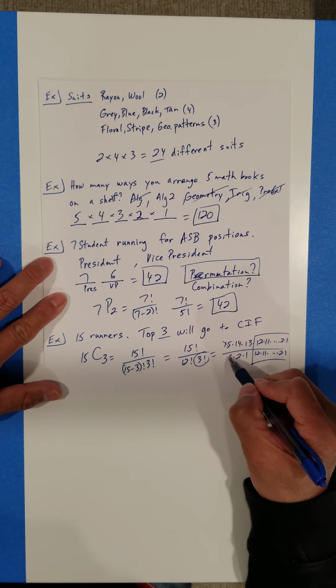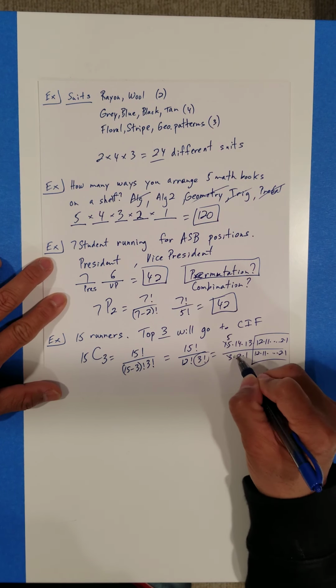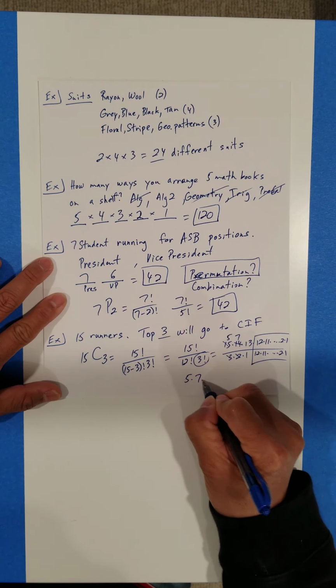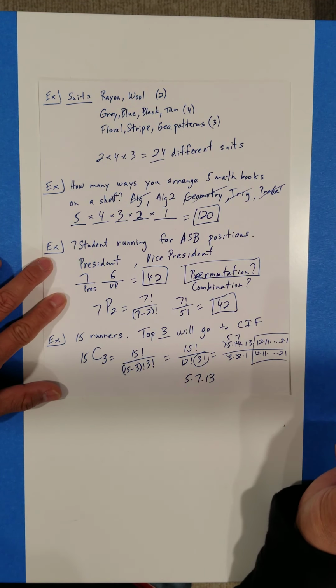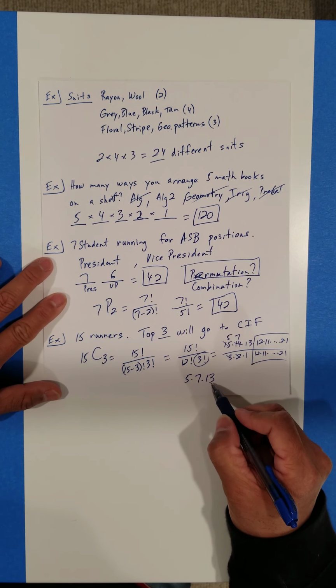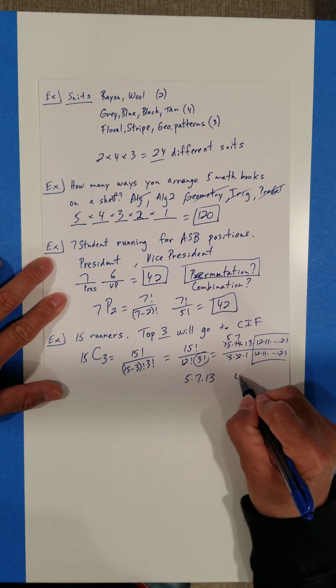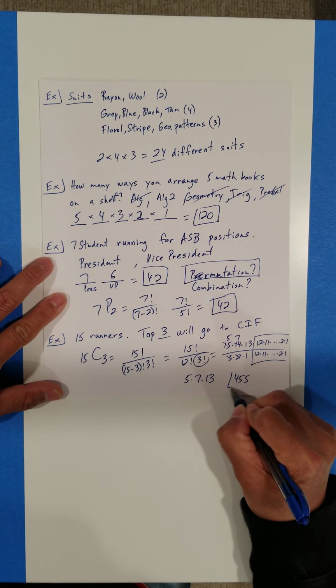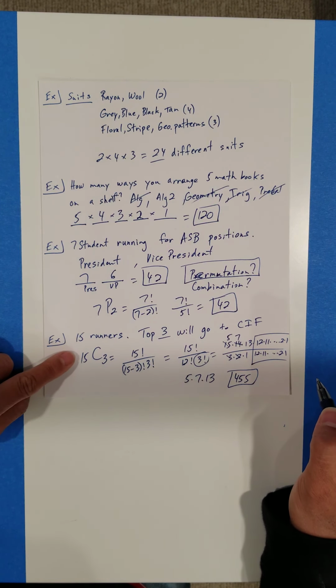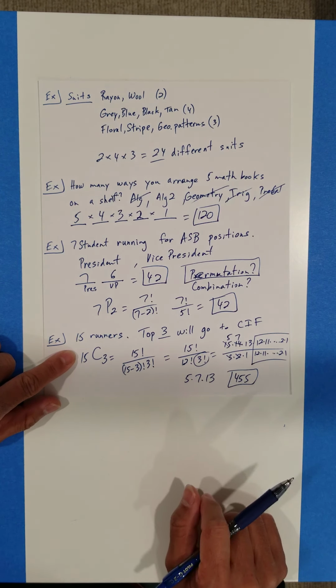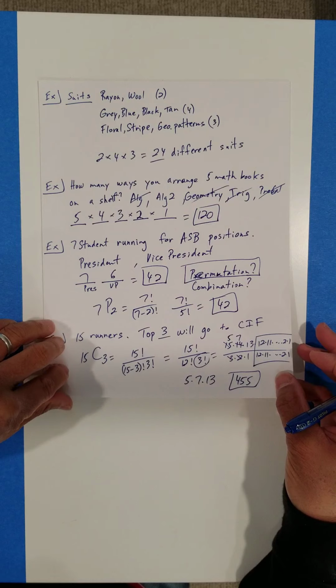And then 15 and 3 cancel out, to be 5. 2 goes into 14 7 times. So it's really 5 times 7 times 13. That means I have 65 times 7, so 455 ways that I will get 3 winners from a race of 15 where the order does not matter.